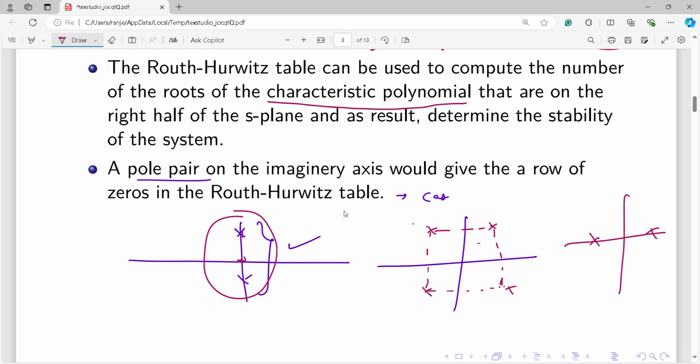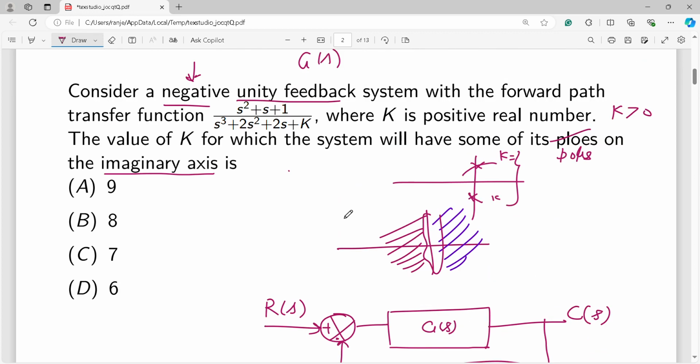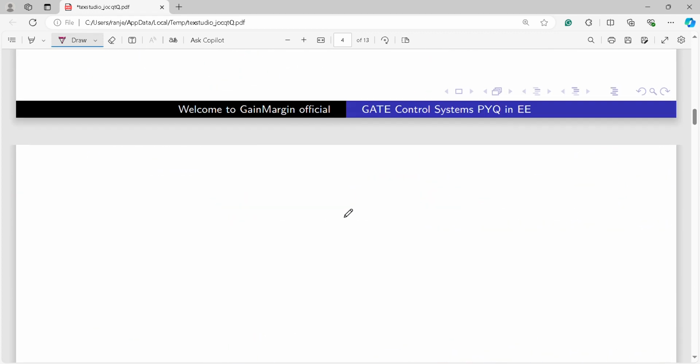All right, so let me first form the characteristic equation: 1 plus G(s) into H(s) equal to 0.